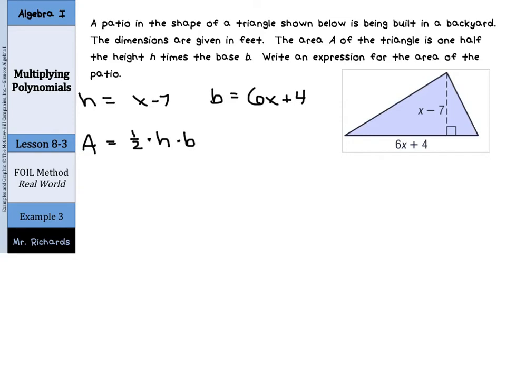Now, you could also do 1/2 base times height or base times height divided by 2, but we'll use the formula that's given to us in the problem. So, now we make our substitution in. Area is going to equal 1/2 times our height, x minus 7, times our base, 6x plus 4.